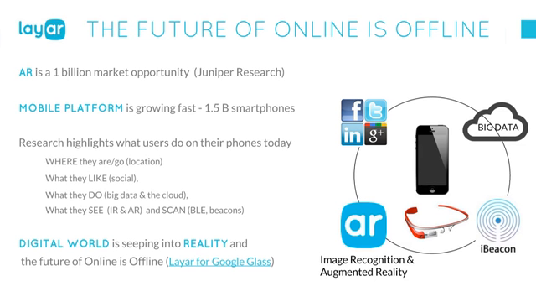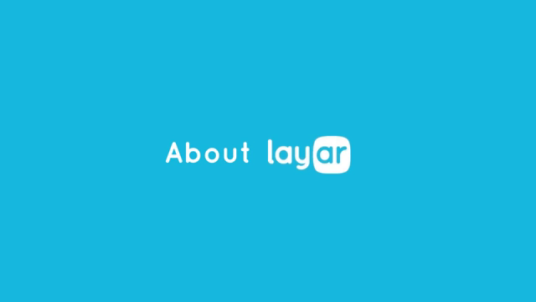What is also really interesting about this research in particular is that it highlights what people do, what they like, what they see, and what they like to scan, right? So all of these insights can give us a better look at what people like to do and how they behave with these devices.